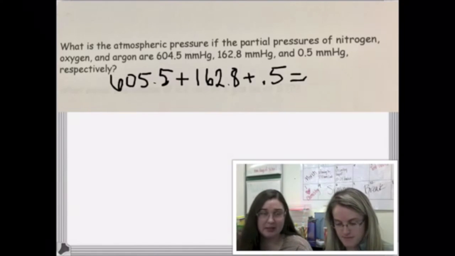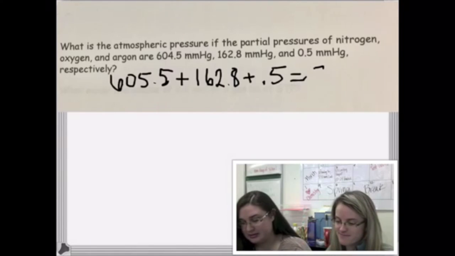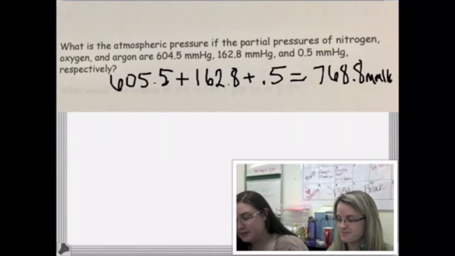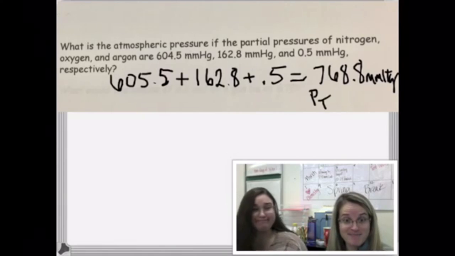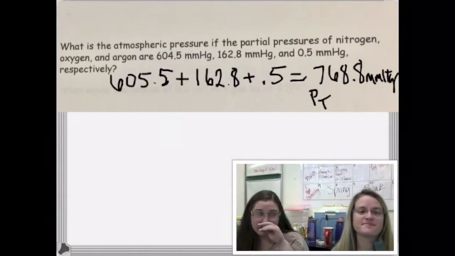Plug them all in, and it equals 768.8, and our units were millimeters of mercury. That is my total pressure. Told you it was easy. Pretty straightforward, guys.